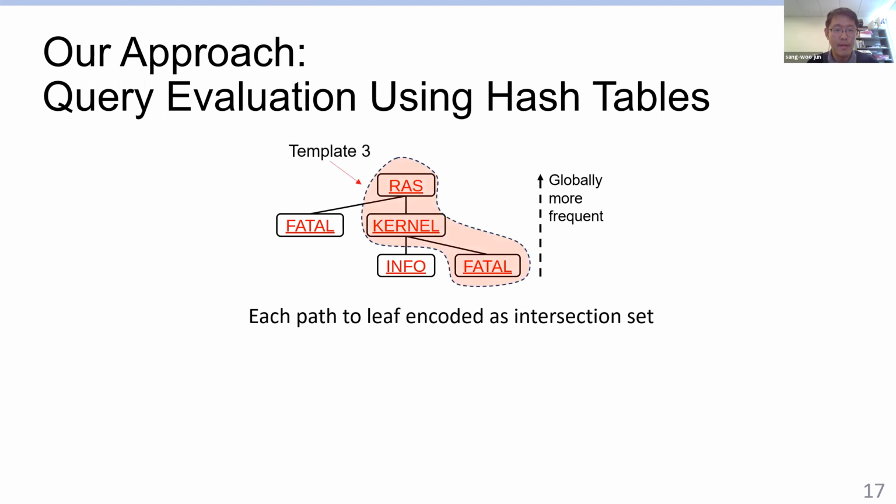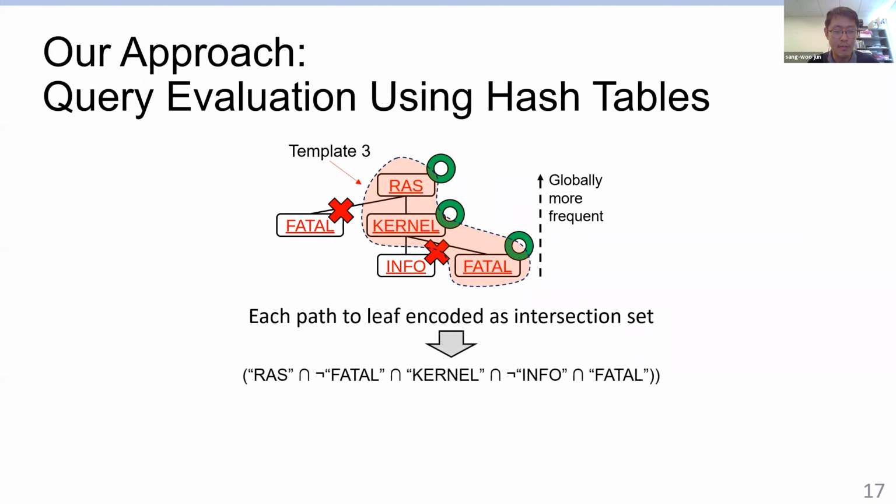For example, this colored path is for template 3 from the previous example, going over RAS, kernel, and then fatal. The path from the root to the leaf can be encoded using an intersection set of whether each token should exist or not in the line. For example, RAS should exist, fatal should not exist, kernel should exist, info should not exist, and then fatal should exist.